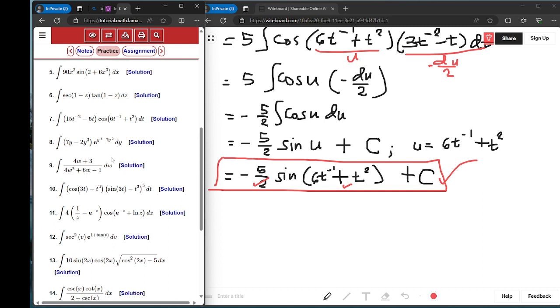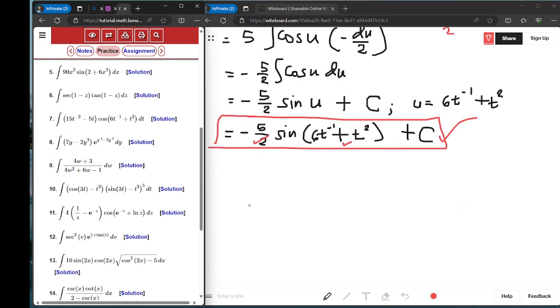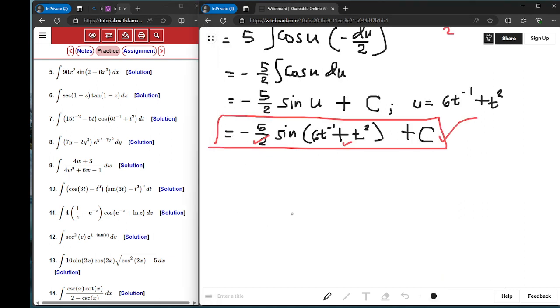Number 8. What happened to number 8? Okay, the given value is in, how do you pronounce it? Euler's number.